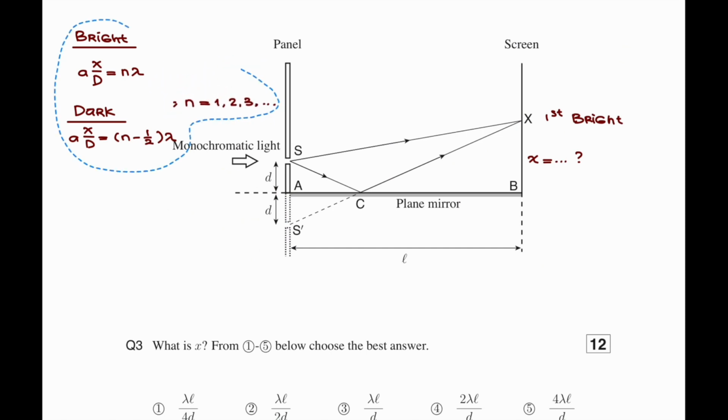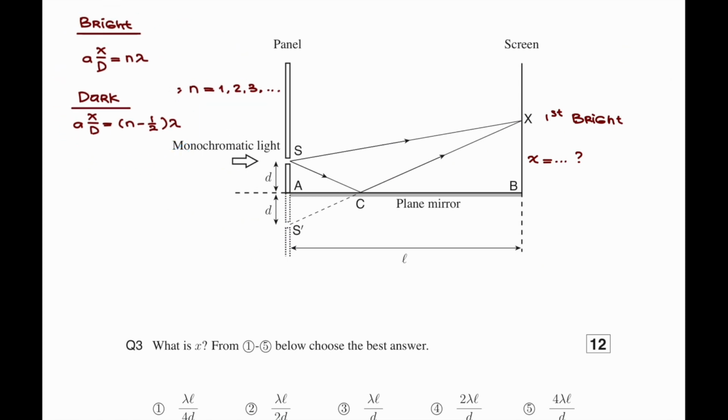This is our formula for Young's double slit, where A is the slit separation. X is the distance from the central bright fringe to the bright or dark fringe. And then D is the distance from the slit to the screen.